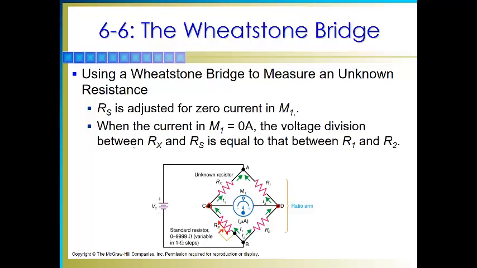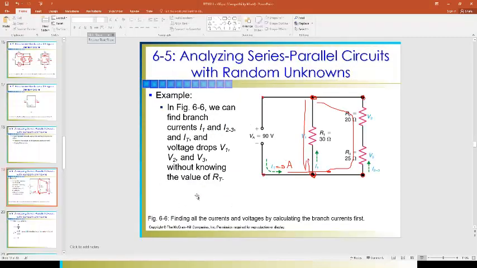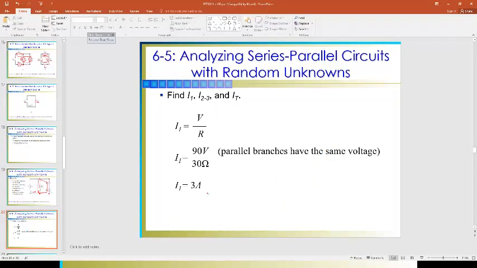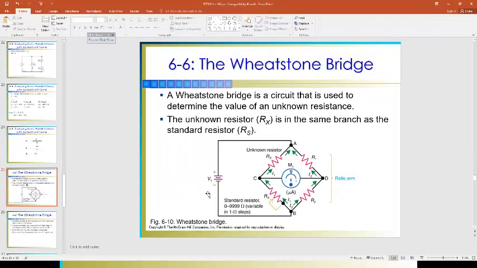So the voltage division between Rx and Rs is equal to that between R1 and R2.